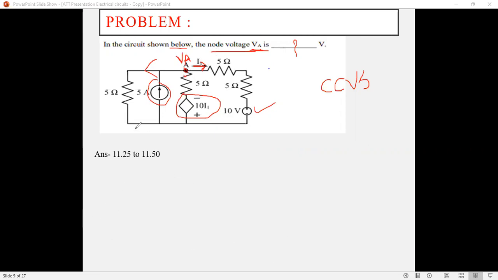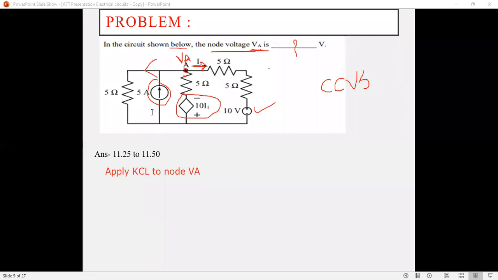Now apply KCL to the top node VA. Apply KCL to node VA, with V suffix capital A.